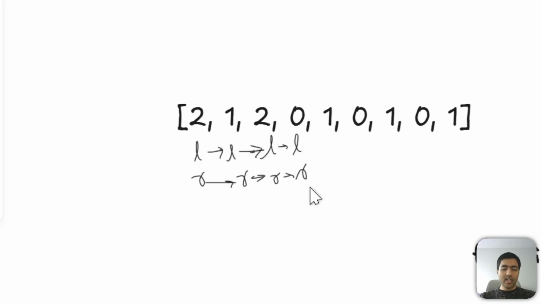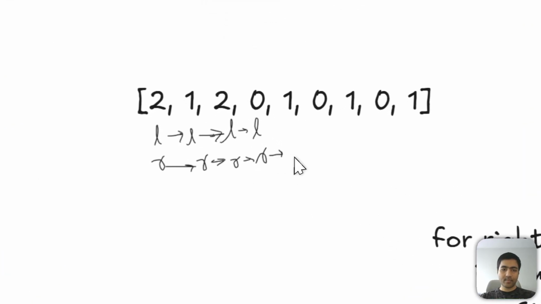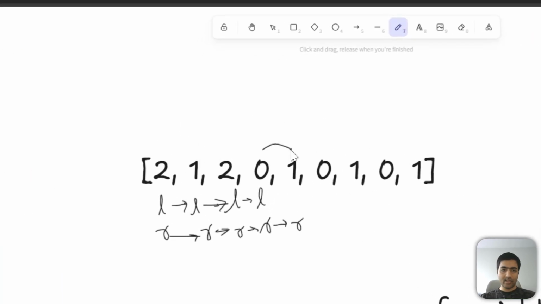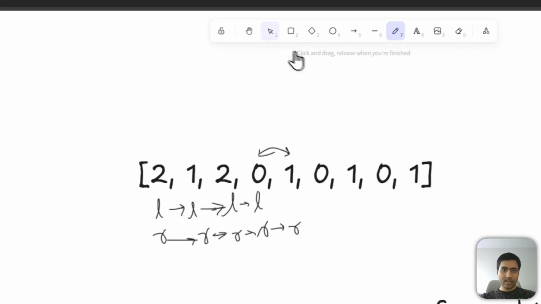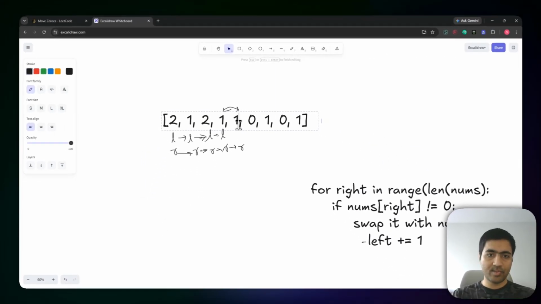Now R is 0. The swap doesn't happen, the condition failed, and it moves on to the next value. So here we have a non-zero value. It swaps with the current left pointer, so after swapping, the values become 1 and 0.